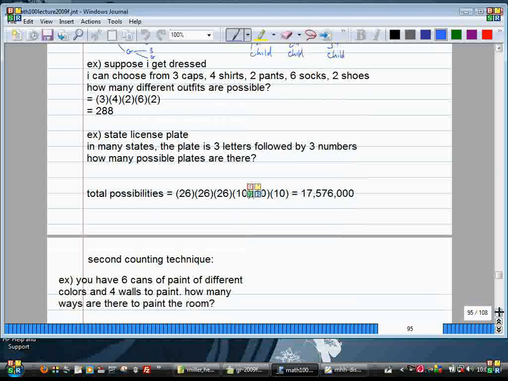Why not? Or what are the different possibilities? We're only painting 4 walls. Exactly. So how many choices do you have to make? What's the one choice?